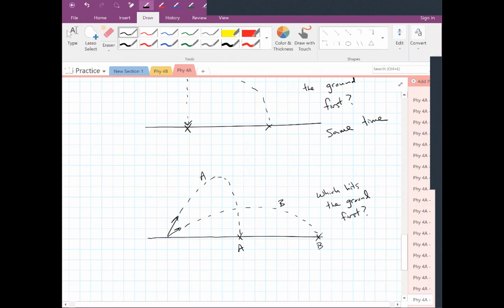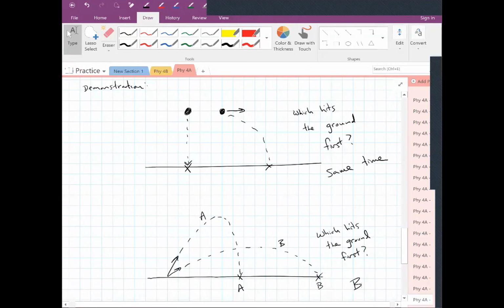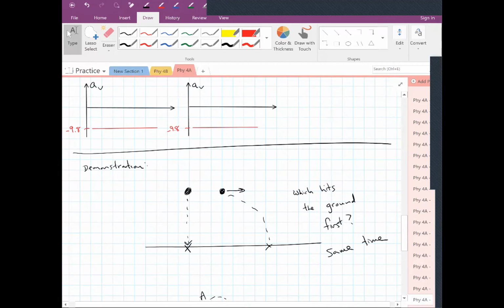Okay, so the answer is B, and the reason is that the time in the air is completely determined by the vertical motion. In fact, let's do this. We already said that if you drop one and you launch one horizontally, they hit the ground at the same time, right?